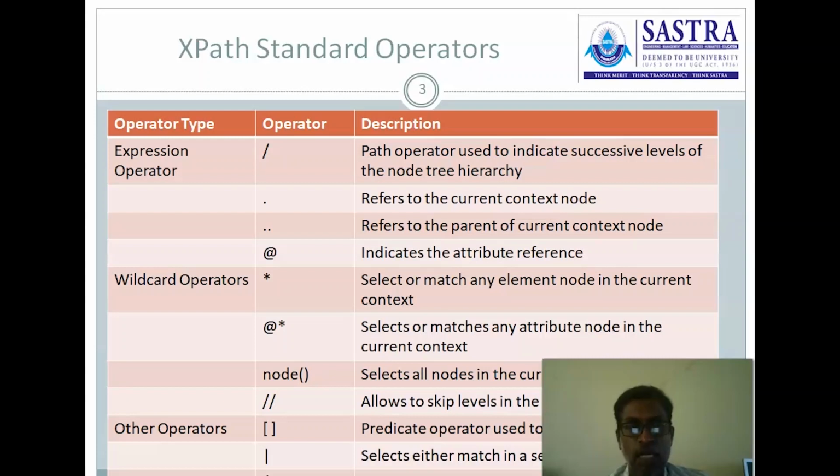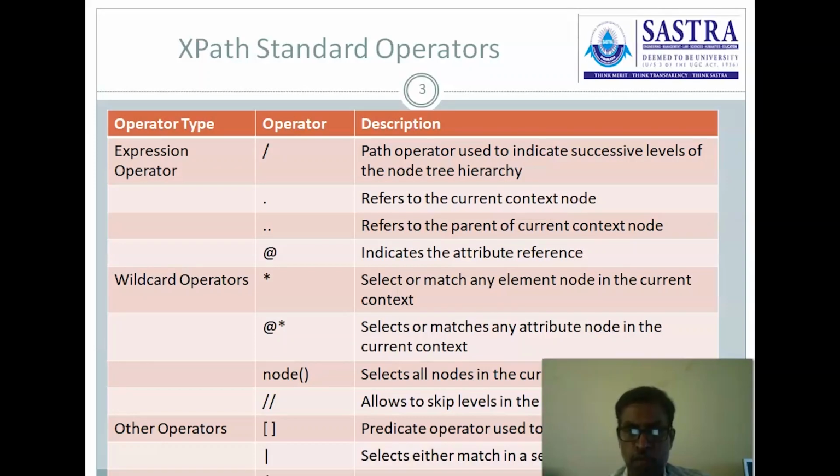The @ symbol is used to indicate an attribute reference. We know that in any XML element we can include a set of attributes. For example, when you say the body tag, it has background color, background texture, and so on.